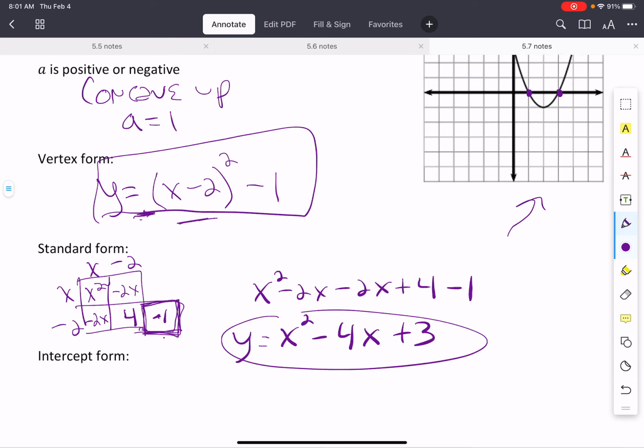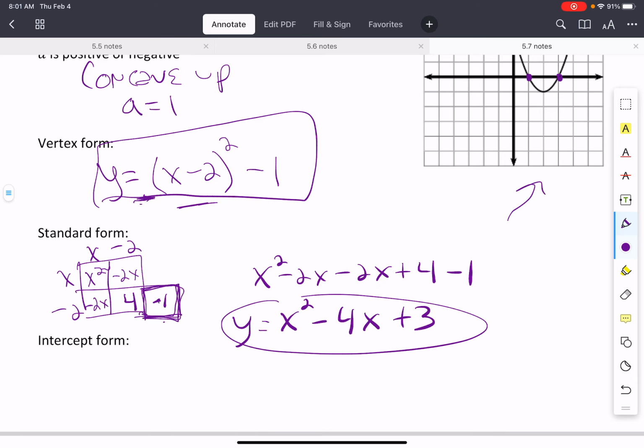So we're going opposite today of what we did in other days. So if my x-intercept is 1, then what's the factor that was in the factored form that I got the 1 from? No, we're doing intercept form now. What would it have had to look like in intercept form for me to get 1 as an x-intercept?